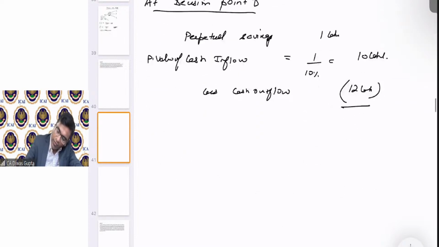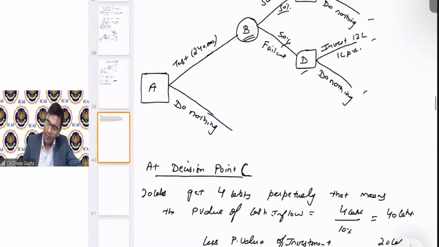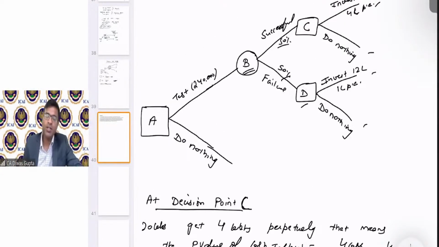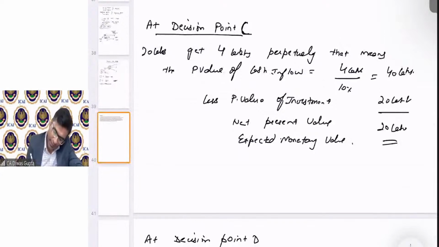So there is a negative of 2 lakhs. NPV or EMV, by whatever name you want to call it. So is it beneficial? No, right? So at decision point D, what is beneficial? Do nothing, not to invest, because if you decide to invest, you will lose 2 lakh rupees. Correct? Okay, let me put the decision here.